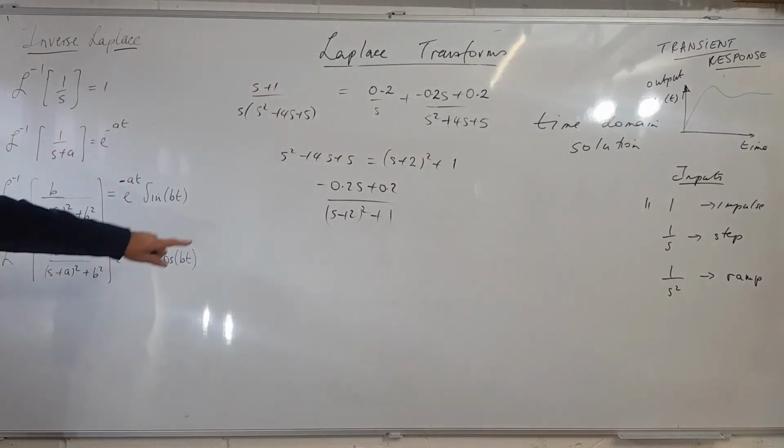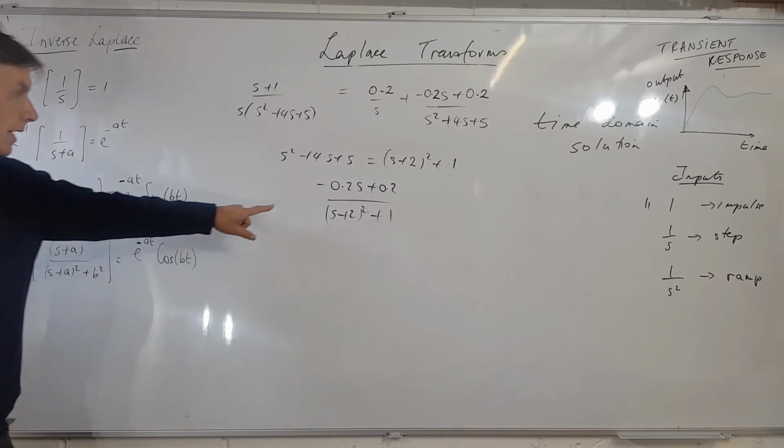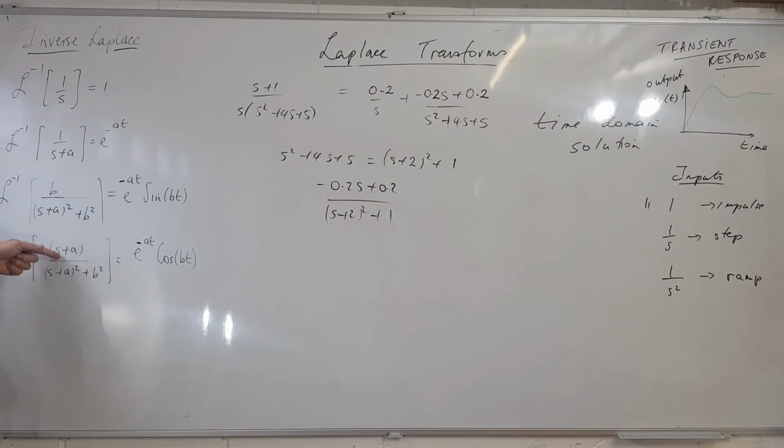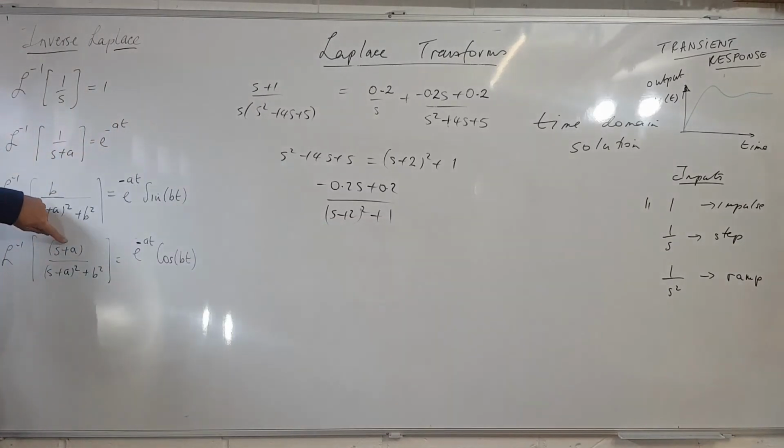Now the problem we've got now is this term here doesn't fit into either of these two formats, so we'll have to slightly adjust it to be equal to a combination of these two terms. So to do that, notice that we've got an s plus 2 here, and we have an s plus 2 in there as well.